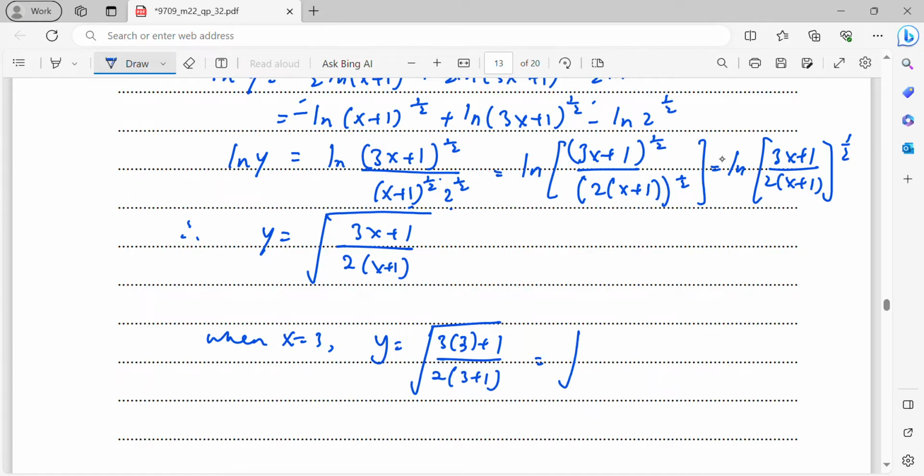So that means this is going to be 10 over 8, right? Then you can simplify this into square root of 5 over 4. For the over 4, you can further simplify. This is square root 5 over square root 4, which means you are getting square root 5 over 2. So that's the value of y when x equals 3.